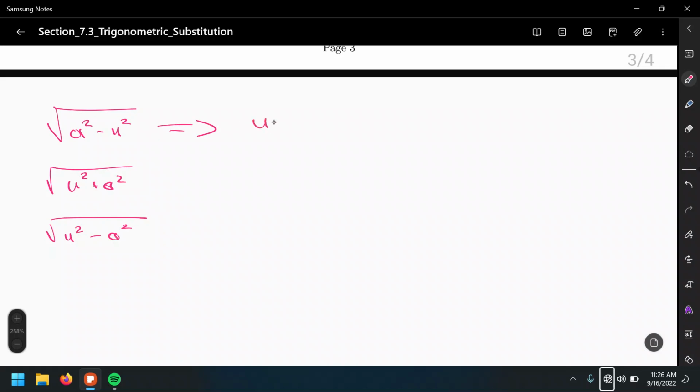That is, u equals a sine theta, which consequently is du equals a cosine theta d theta.